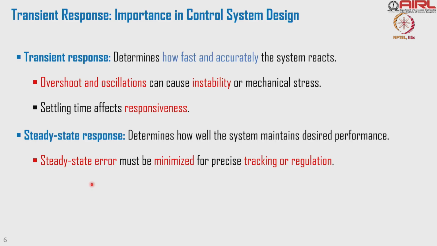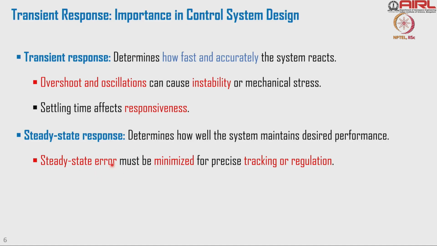As long as you are within, let us say, 1 centimeter error is fine for me, or 2 centimeter error or 10 centimeter error. You can define what your epsilon is. As long as you are close to that, I can say you have reached the goal. So this steady state error depends on our requirement, on the case we are talking about.